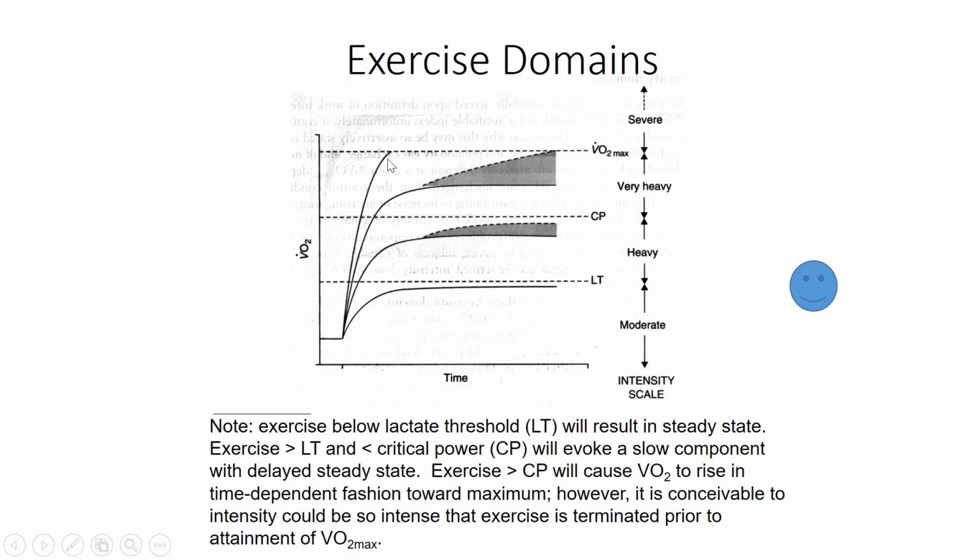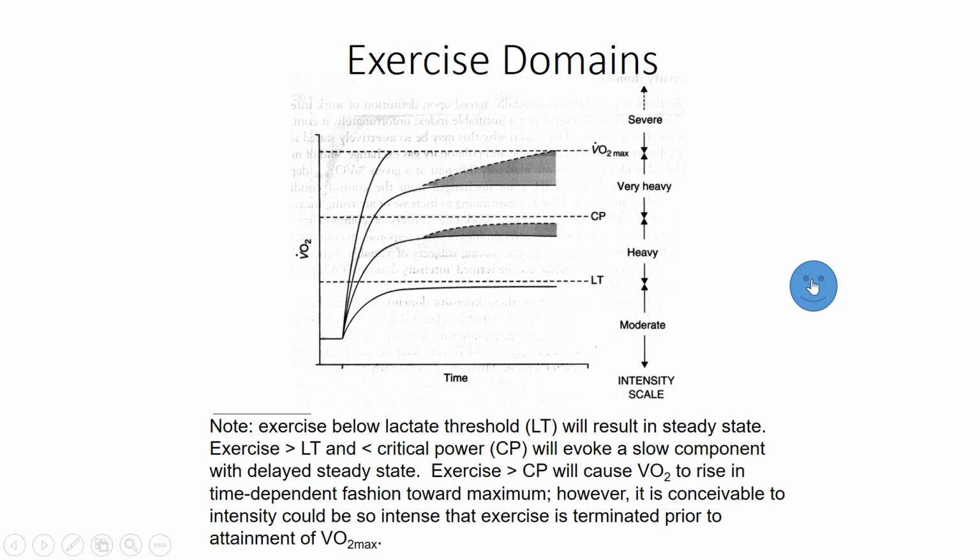So there is a point in exercise where your intensity is so intense that you reach fatigue before you hit VO2 max. And so the lines here that are drawn are the expected line, and then the dashed line is the actual line, and the gray is showing the difference.